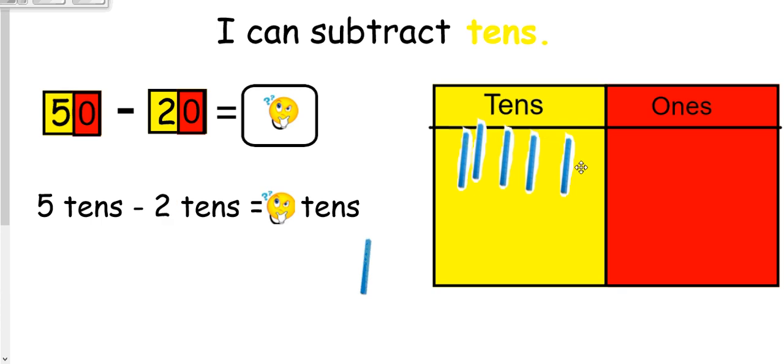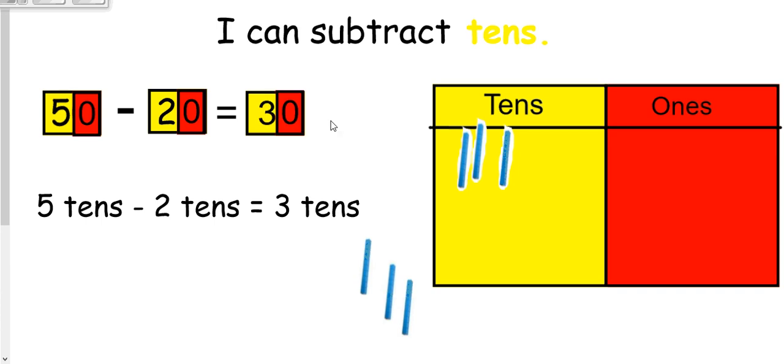Let's go to our place value chart and let's take away or break away 2 tens. 5 tens take away or break away 2 tens equals how many tens? 3 tens. So 50 minus 20 equals 30. Well done, math superstars.